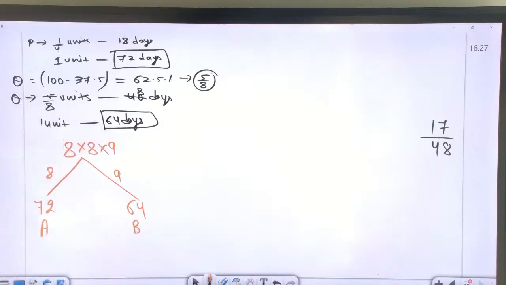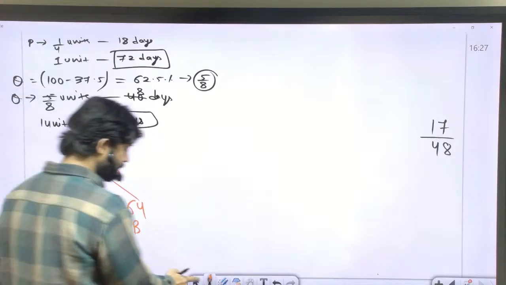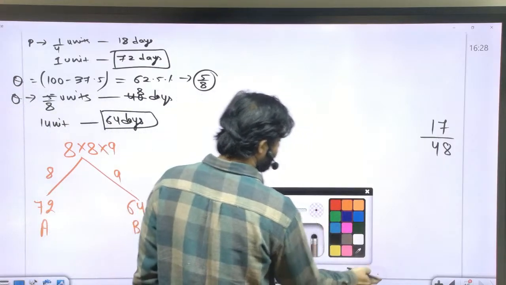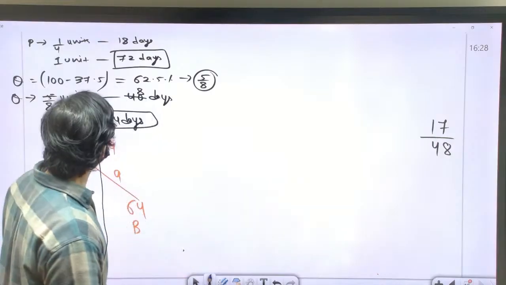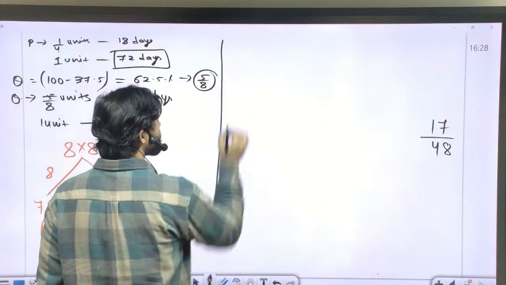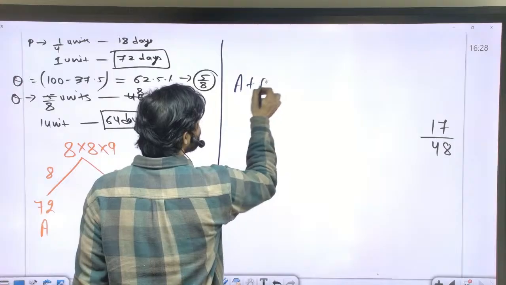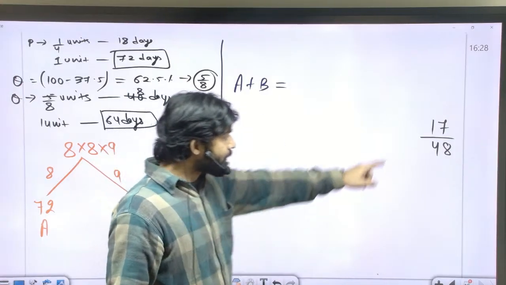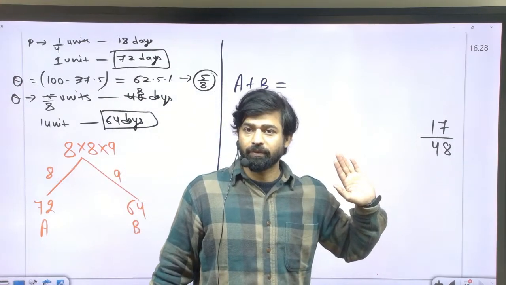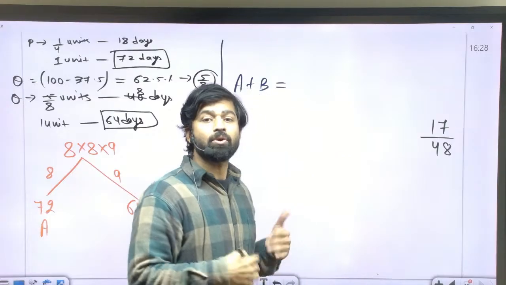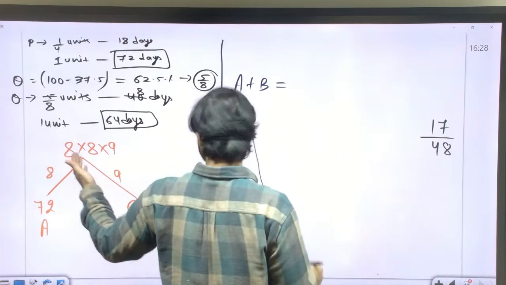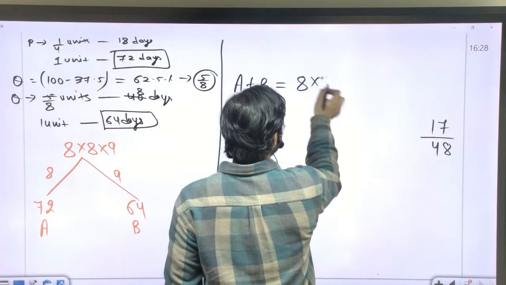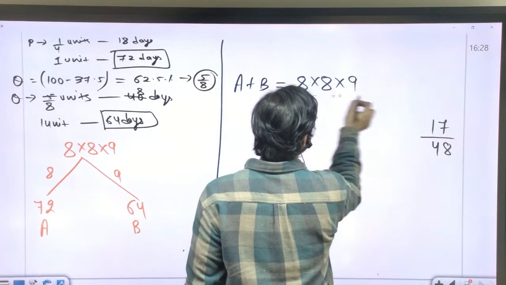Any problem? Okay, then let's take the third pen, third color. Now this A and B has to complete 17 by 48 of the work. And what is the total work here? The total work is 8 into 8 into 9, and 17 by 48 of it has to be done.